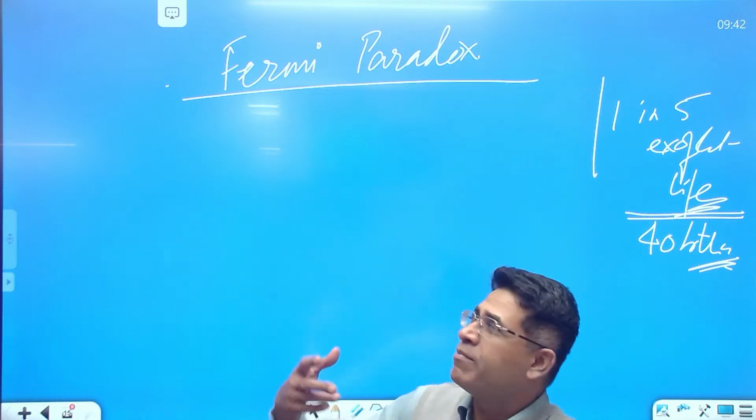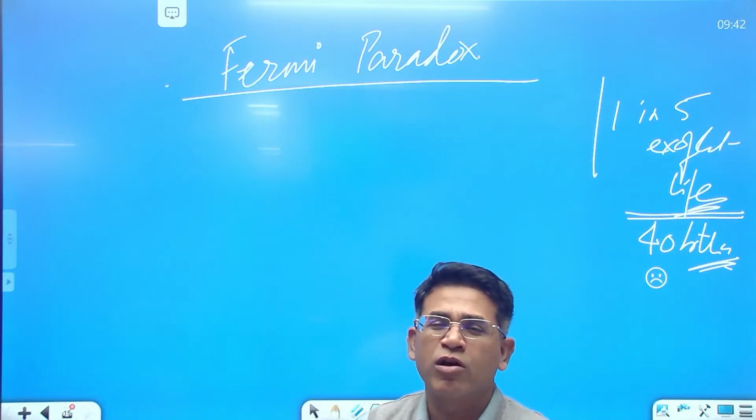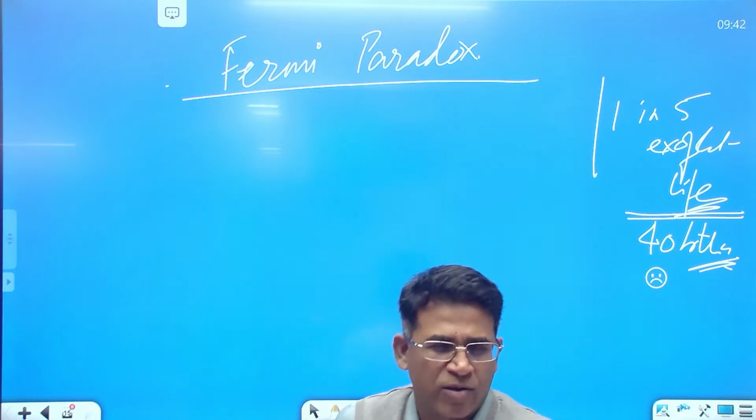Okay, one of the NASA missions has said कि 40 billion exoplanets with Goldilocks zones exist, but हमें life मिला नहीं. We call this the Fermi paradox.